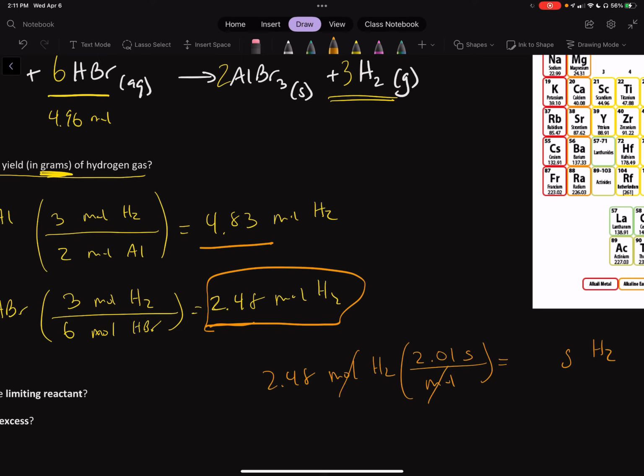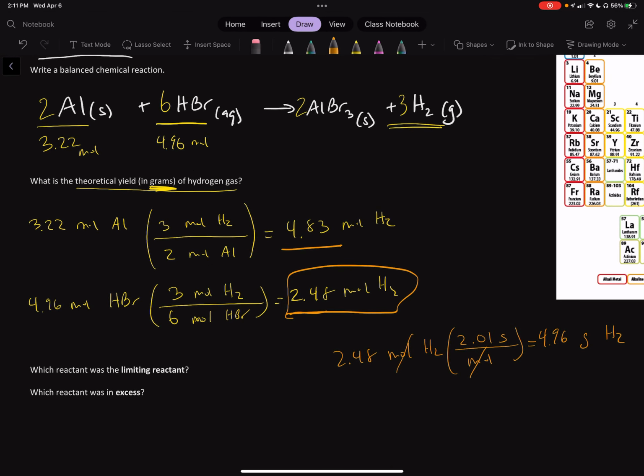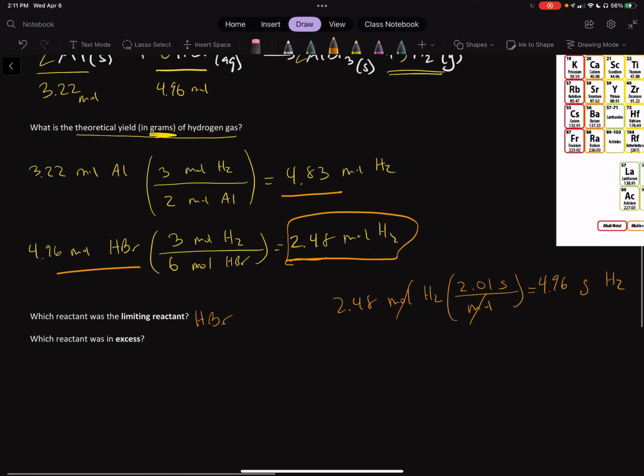So moles cancels, and we should get 4.96 grams of H2. So that's how many grams of hydrogen gas we would make, because HBr was our limiting reactant. So which was the limiting reactant? HBr. So then that means the other one was in excess. We had more than enough of the aluminum. Aluminum was in excess.